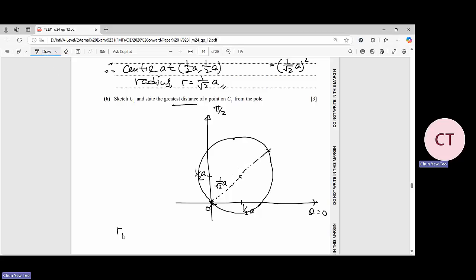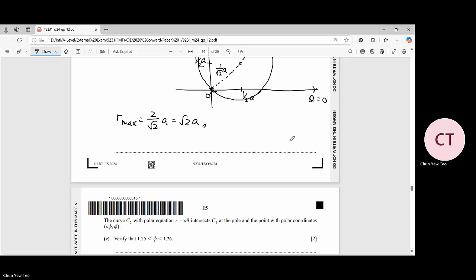So your r max is the diameter. The radius is a over root 2, so the diameter will be root 2 a. That will be the greatest distance. Okay, so this will be the answer for 7B.